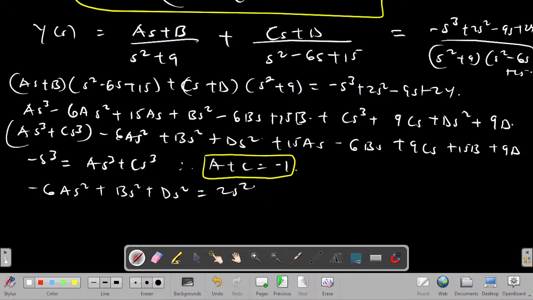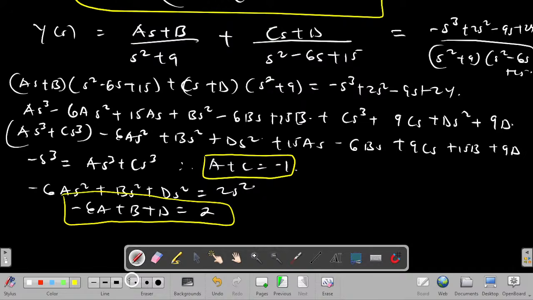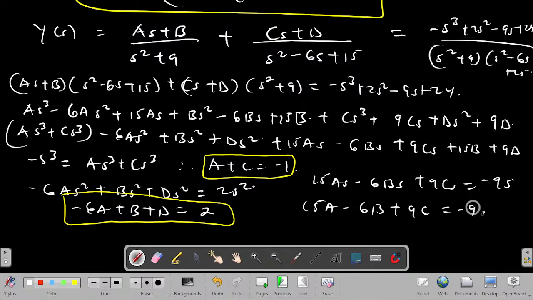All my s squares go away. I get negative 6A plus B plus D is equal to 2. Another equation. I come again to my s: I have 15As minus 6Bs plus 9Cs. And what is my s? Negative 9s, sorry. All s should go away. I have 15A minus 6B plus 9C is equal to negative 9.